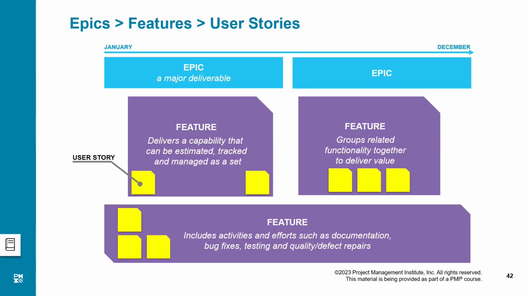Meaning, a feature can be completed in a single user story or more than one user stories. An epic could be divided into various features, right? So this is the story of epic, feature and user story. Okay.